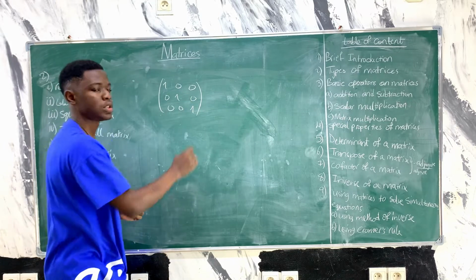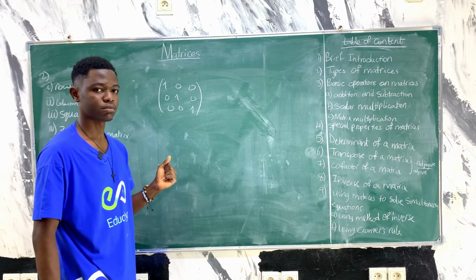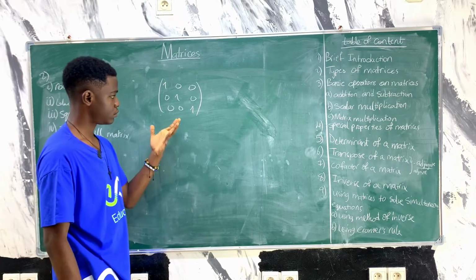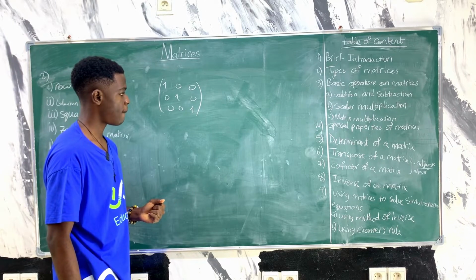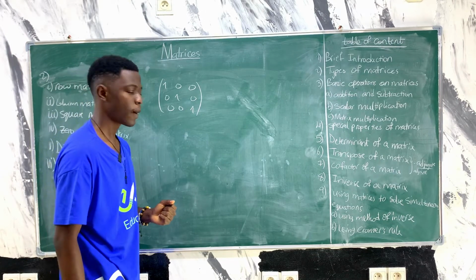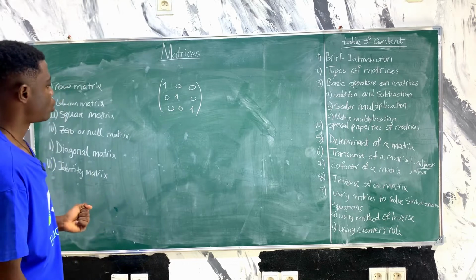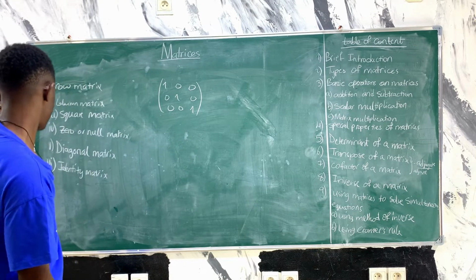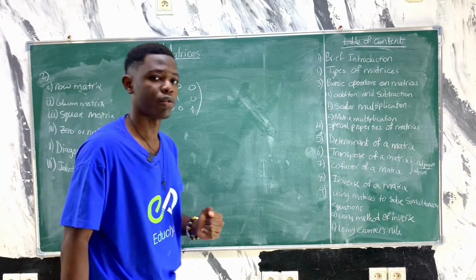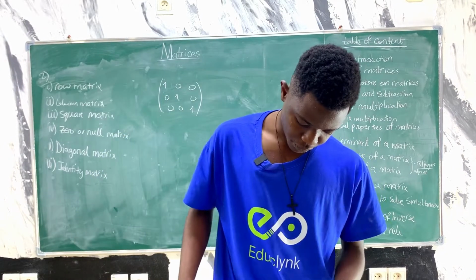So you have 1, 1, 1. This you say is an identity matrix. So that is it for the major types of matrices.